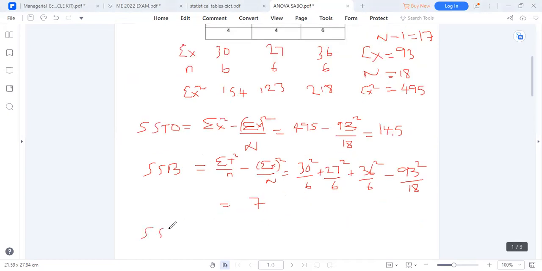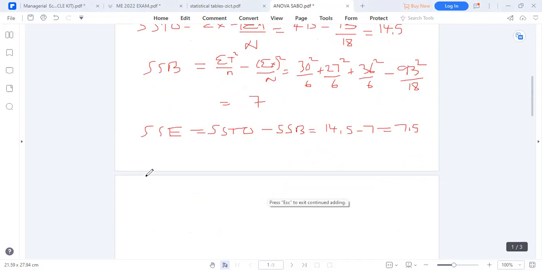So what is the sum of square error? Total minus what? 14.5 minus 7, what do we get? 7.5.